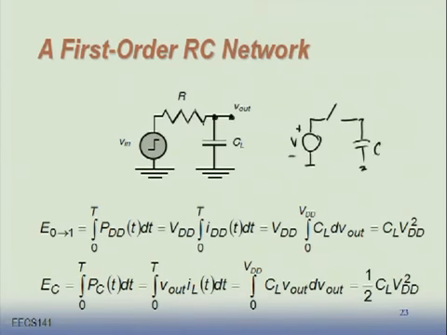Miraculous device. It has 0 resistance. When I close it, the other half of CV squared.